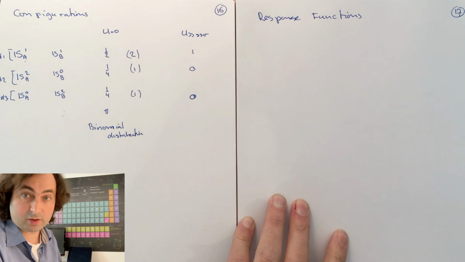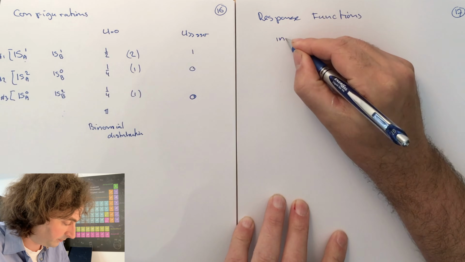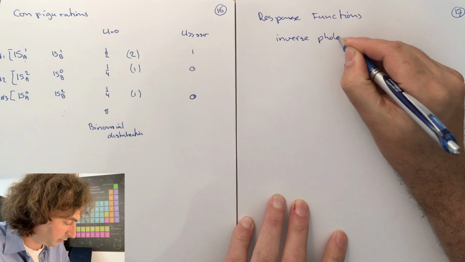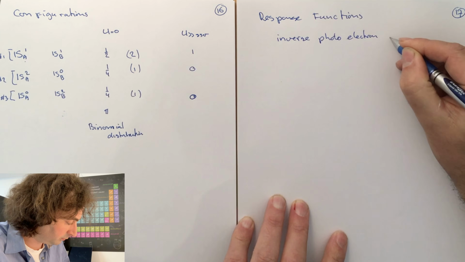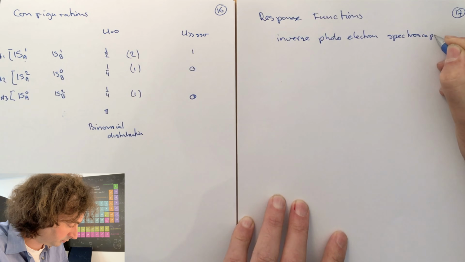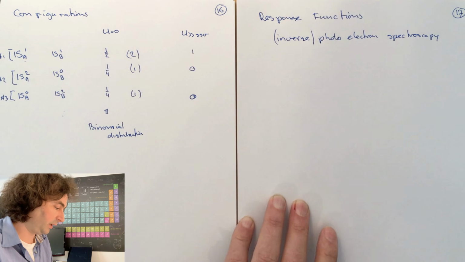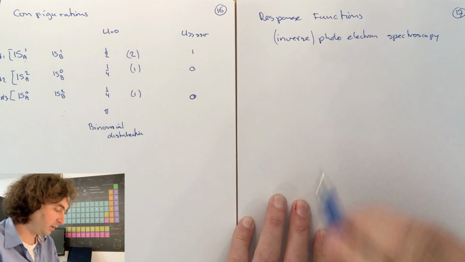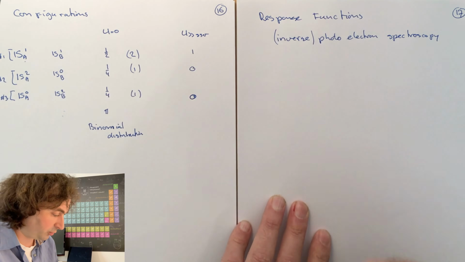So the response functions that we look at are the photoemission and inverse photoemission, photoelectron spectroscopy. The inverse photoelectron spectroscopy is an electron coming in and a photon shooting out. The photoelectron spectroscopy is a photon comes in and an electron shoots out.